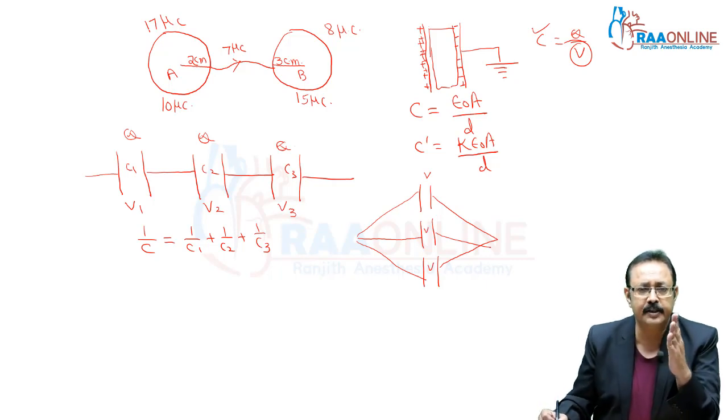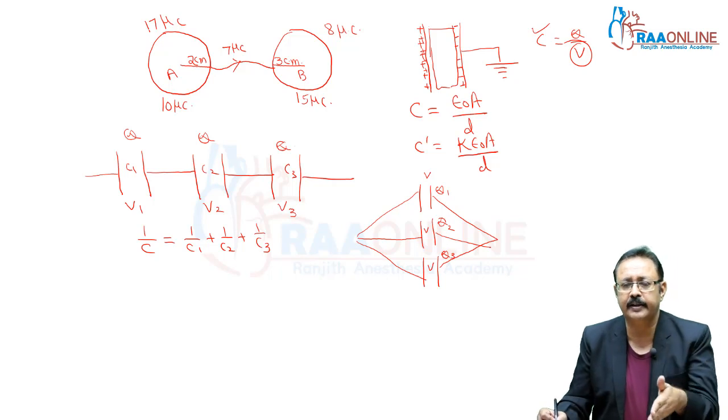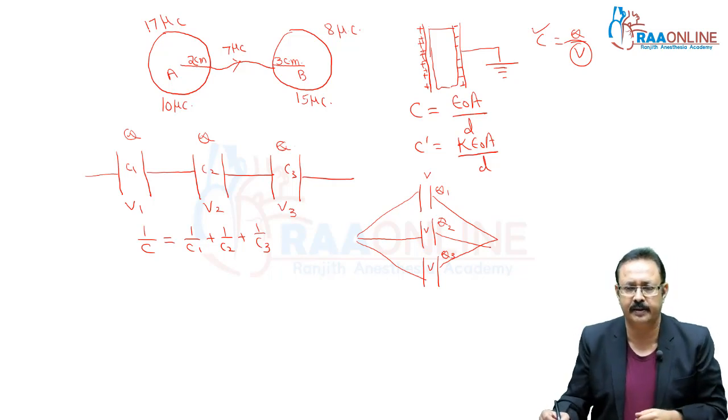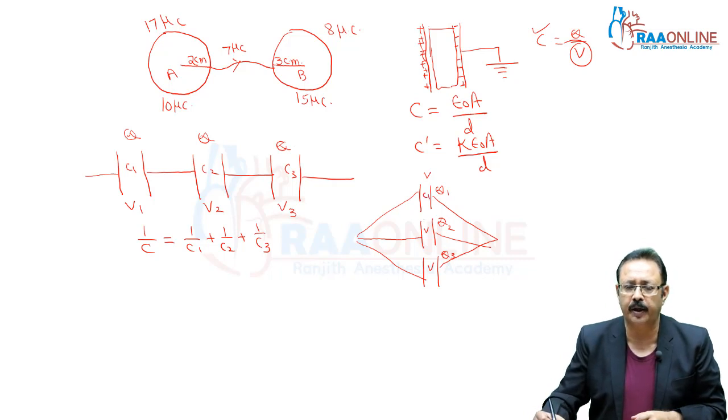So potential is same as total, but charge will distribute. If on this Q1, on this Q2, on this Q3, it means total charge will divide in 3 parts according to capacities. If capacities are C1, C2 and C3, you can calculate total capacity by the formula C1 plus C2 plus C3.